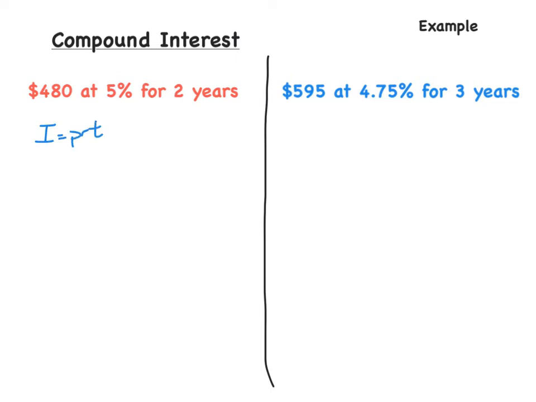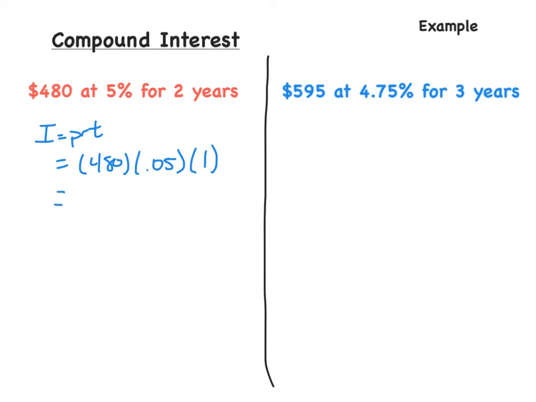Our principal is $480, our rate is 0.05, or 5/100ths. We're multiplying it by 2 years. But instead of multiplying it by 2 years, because that's simple interest, I am only going to multiply it by 1 year.